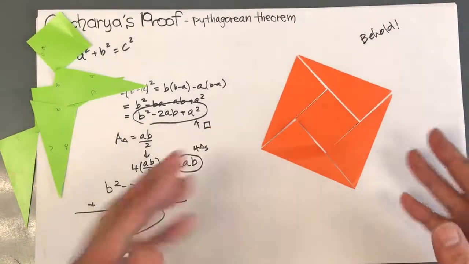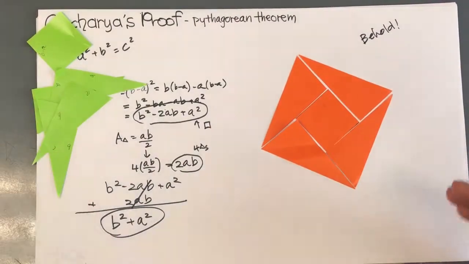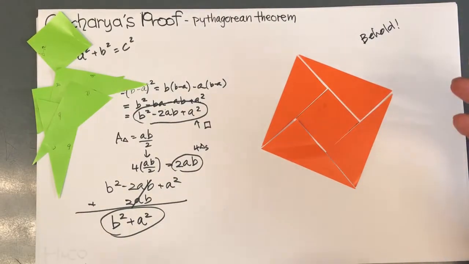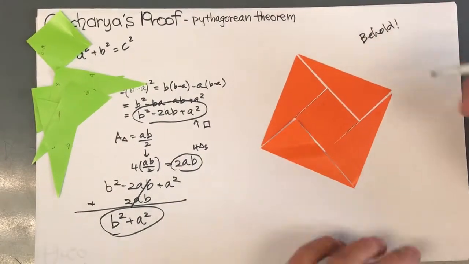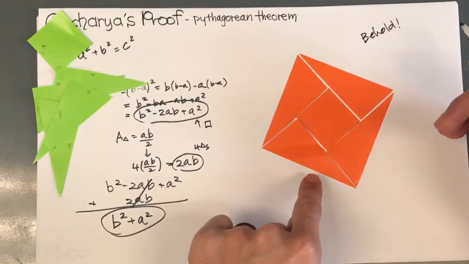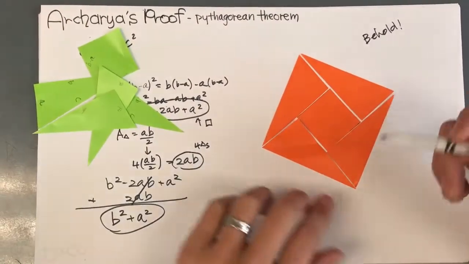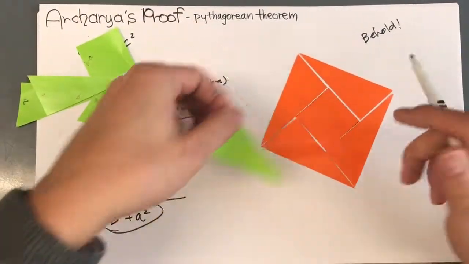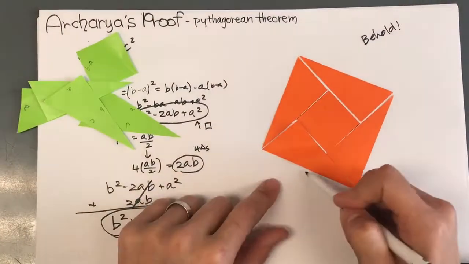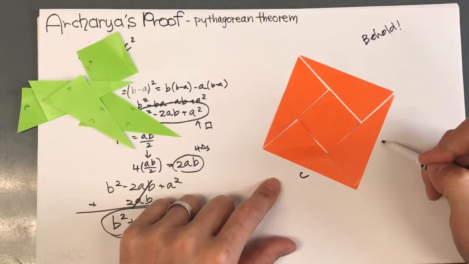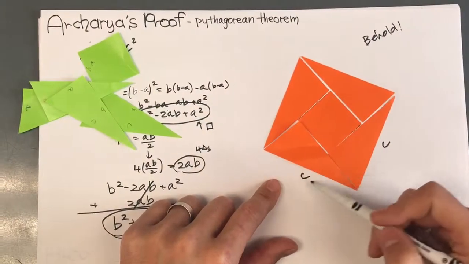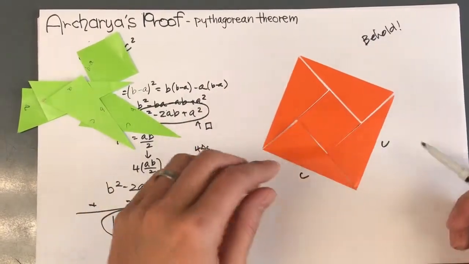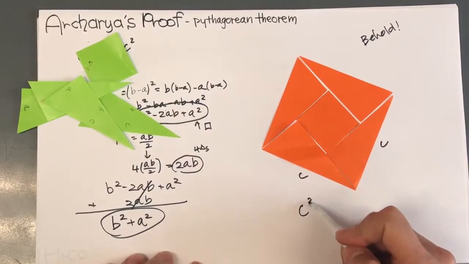And let's look at this. I claimed, regardless of my drawing and cutting skills, that these orange papers are exactly the same as these guys. This hypotenuse is C, and from here to here is C. Since this is a square, the area is C times C, which is C squared.